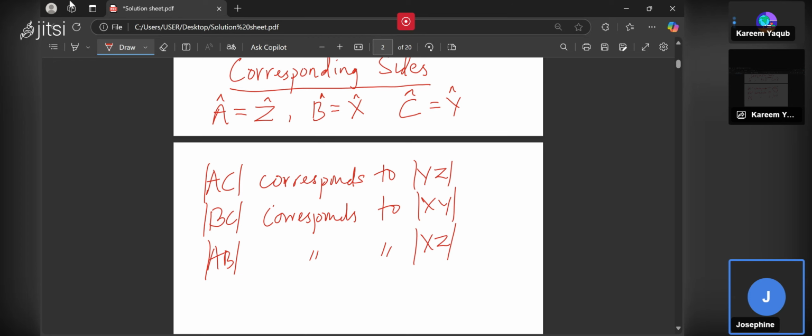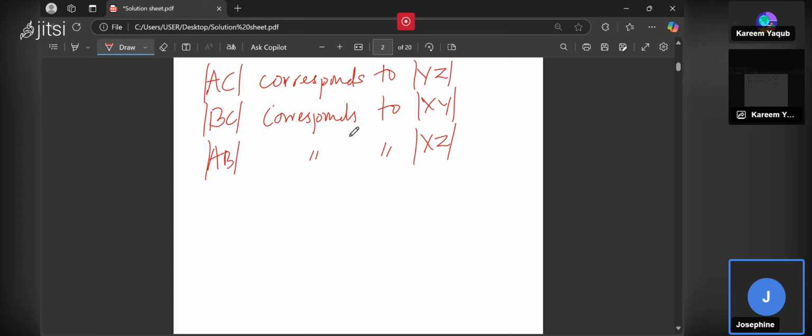Now the rule, because it has a rule. The rule is that the ratio of corresponding sides must be equal.